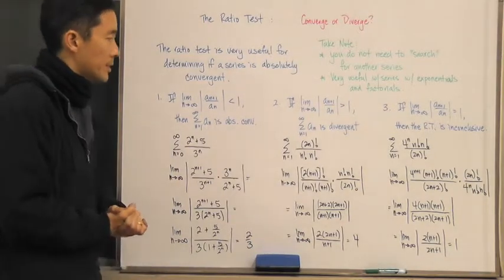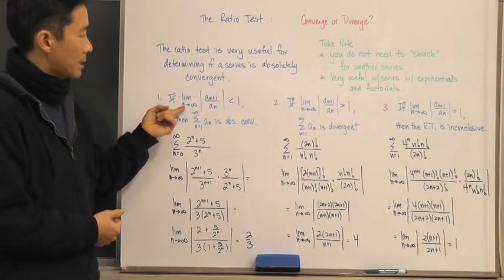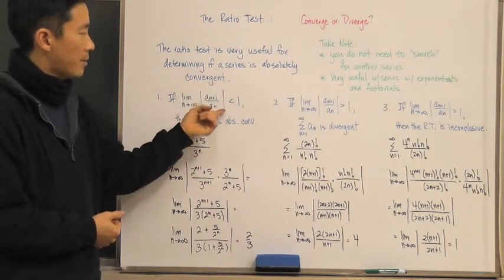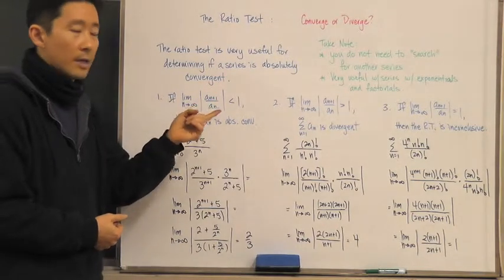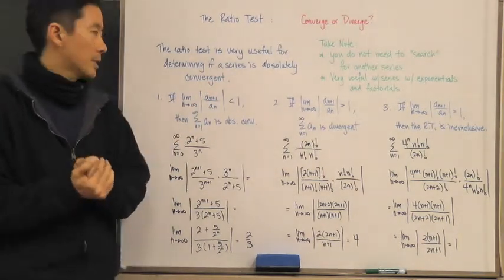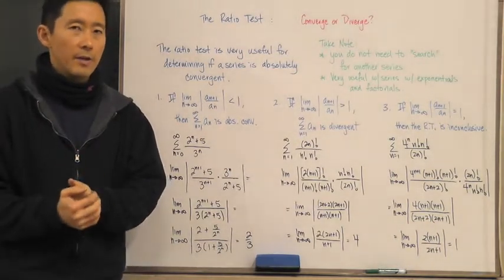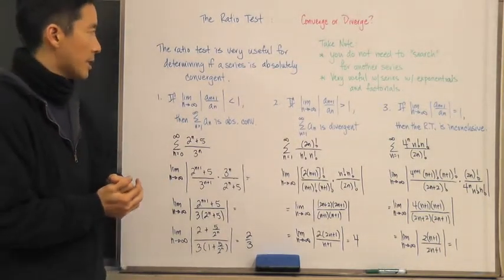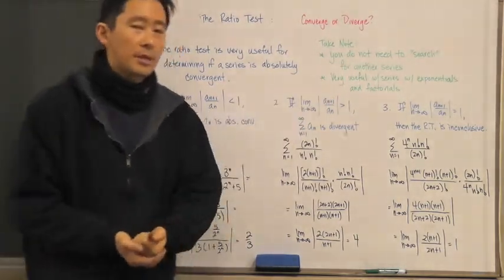Now let's just jump into the form of the ratio test, and it says this. It says if the limit as n approaches infinity of the absolute value of a sub n plus 1 over a sub n. Now just take a look at what that looks like. It's going to be very nice and easy and convenient for us to use the ratio test to test for absolute convergence, because we don't have to search for another series.